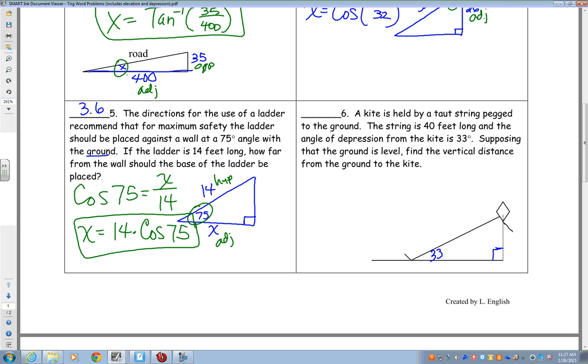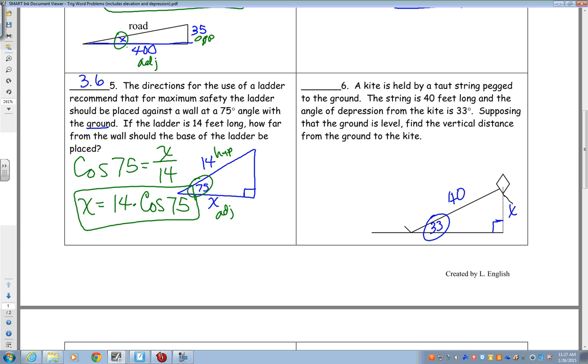Because you see this would be the triangle. What would this 40 feet long be? The hypotenuse. That's the string. And then x is the height of the kite. So we have the angle. This x is the opposite. The 40 is the hypotenuse.